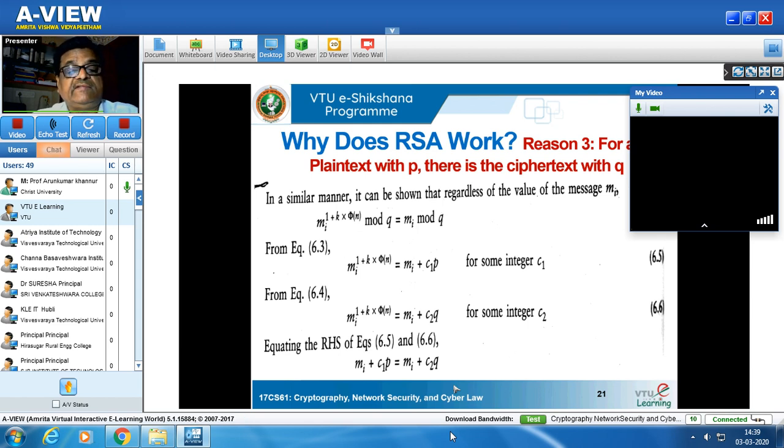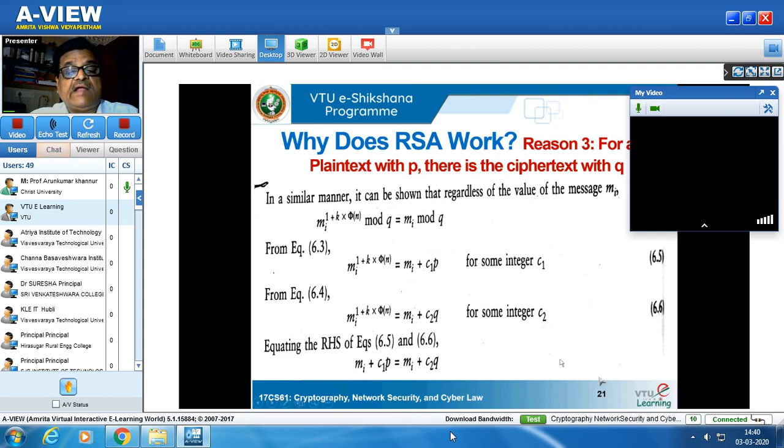From equation 6.3, m_i raised to 1 plus k into Euler's phi n is represented as m_i plus c1 p for some integer c1. So m_i is the value of the message block, c1 is some integer, and p is the prime number.